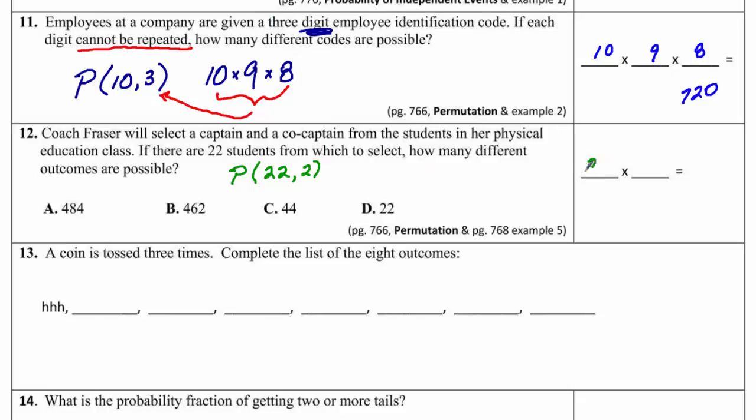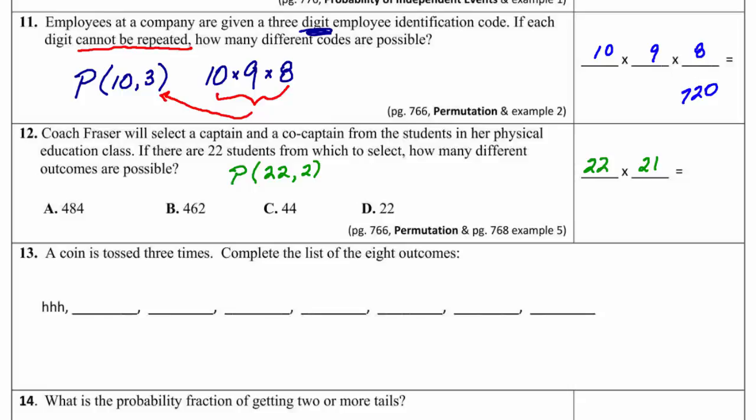So you're doing 22 possibilities for the first person. Let's say they pick Maria as person number 1. Maria can't be person number 2 now, so now there are only 21 people left, and any one of those 21 people could be the co-captain.